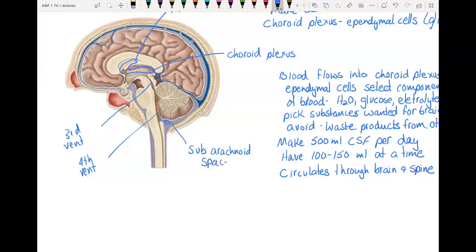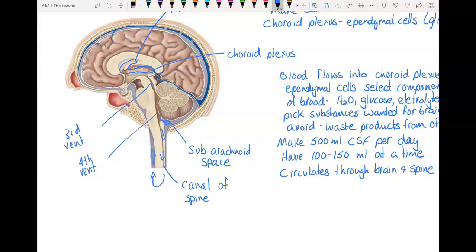So remember, we saw this before, those collagen fibers that hold the arachnoid layer up above the pia mater. That's where this goes, that subarachnoid space. And then you can also see here going down the spine, you have this canal. So some of it will go down the canal of the spine. And this that goes down the spine, when it gets to the bottom, then it enters that subarachnoid space and comes back up.